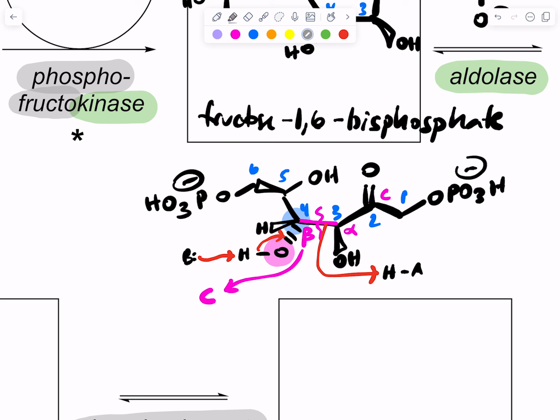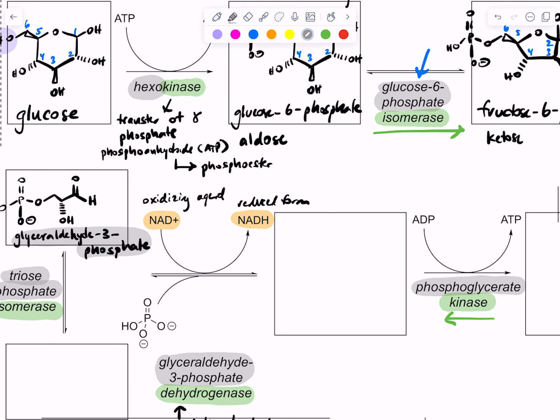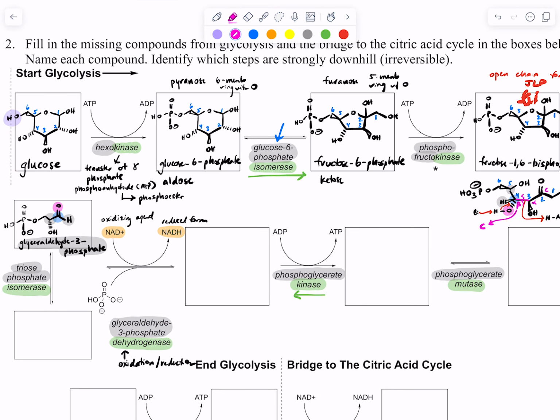And then look at the two things attached other than the oxygen and the bond that gets broken to carbon 4. It's a carbon and a hydrogen. So carbonyl carbon 4 becomes an aldehyde. So the carbons 4, 5, and 6 of fructose 1,6-bisphosphate become glyceraldehyde 3-phosphate.